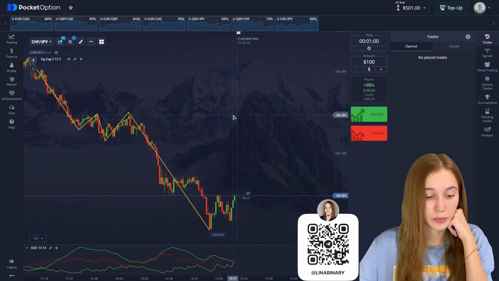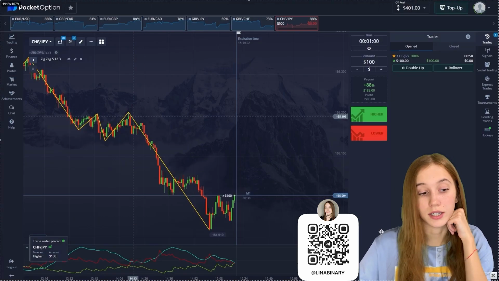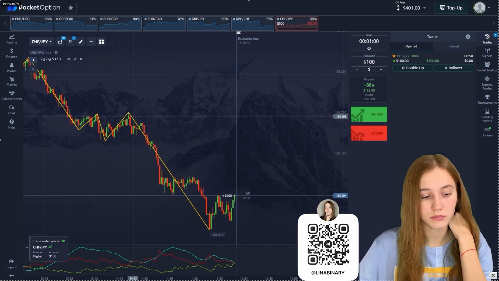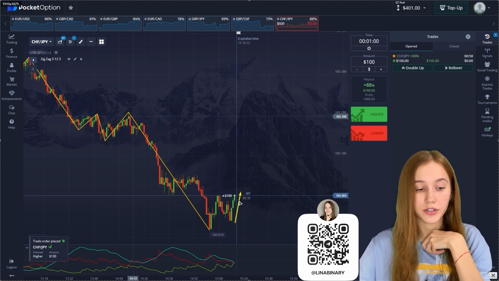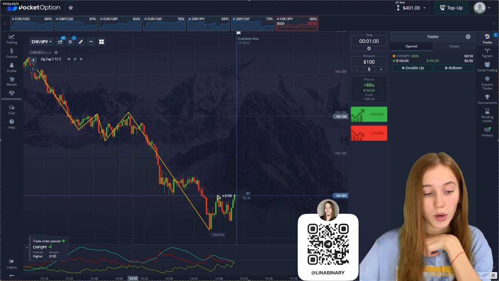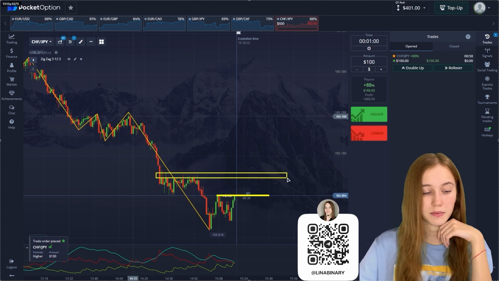So let's move on. We'll open up here and let's start our technical analysis. At the moment we have an upward trend, and a large one at this stage. We see we have not yet reached the resistance level, but we will see what happens next.